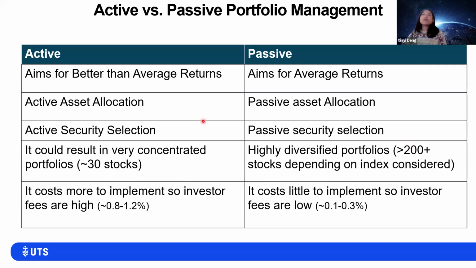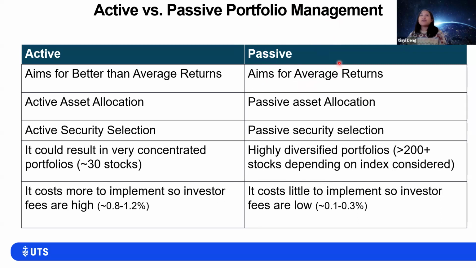First, let's dive into the broad categories of portfolio management methods. So there are active portfolio management and passive portfolio management. For passive portfolio management, the basic philosophy behind it is that the market is efficient, and therefore it would be extremely hard to beat the market, to outperform the market.